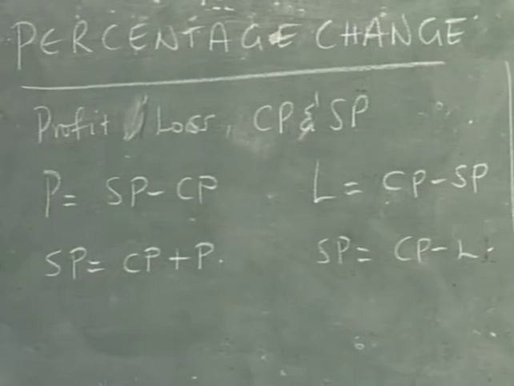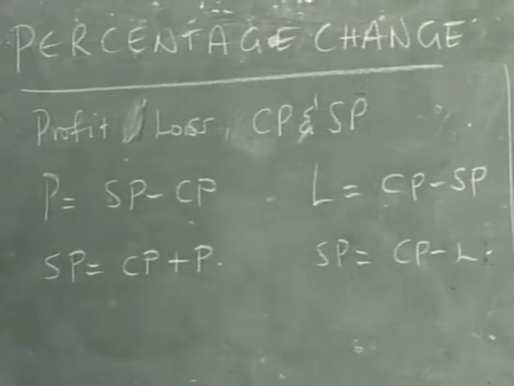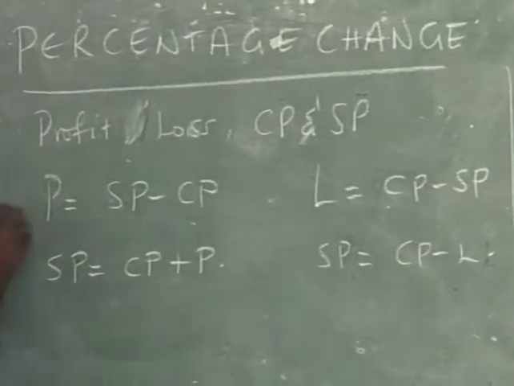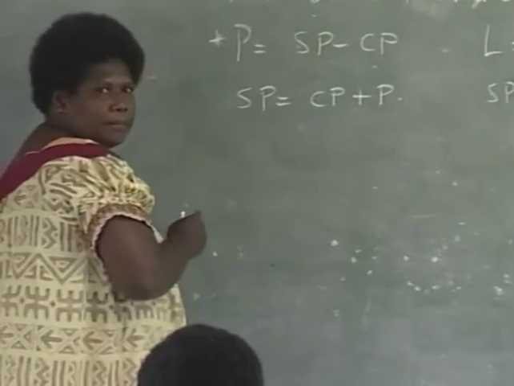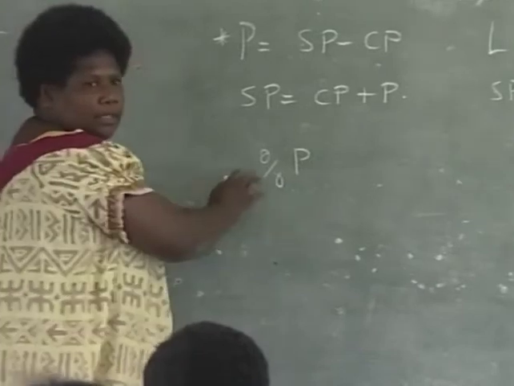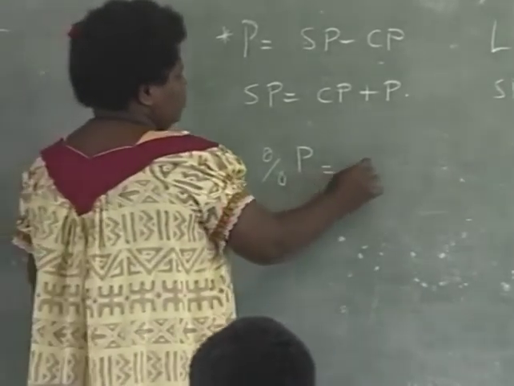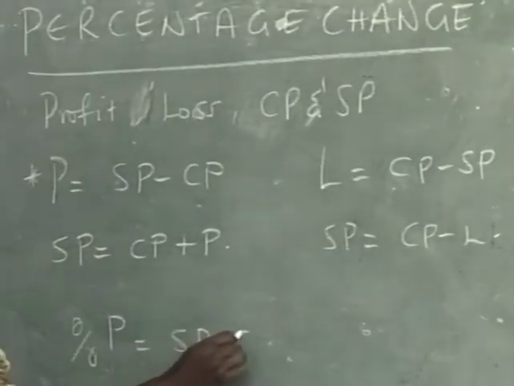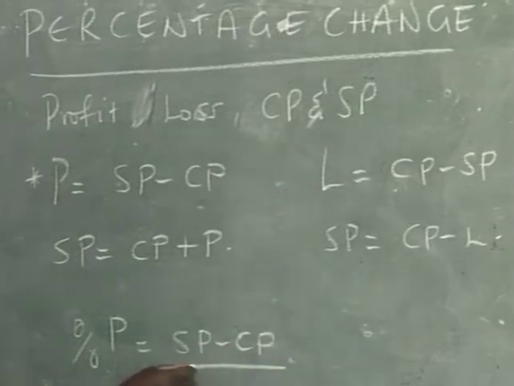Okay, for percentage profit and percentage loss, if this is the profit, then percentage profit, which I will just denote by percentage P, is equal to the selling price minus the cost price, because that's profit.